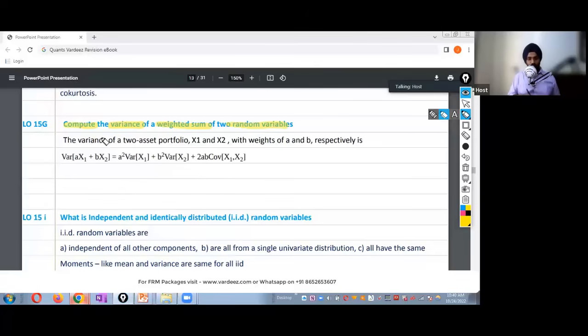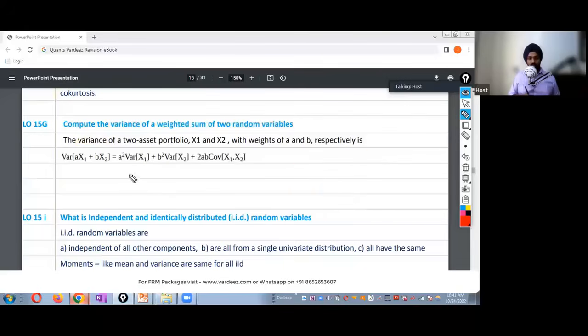Okay, so if you want to compute the variance of a two-asset portfolio, let's say we have two assets, maybe TCS, one company, and IBM, another company. I've invested 60% in TCS and the other 40% of my money in IBM. And if I want to compute the variance of the two-asset portfolio, I can use this particular formula.